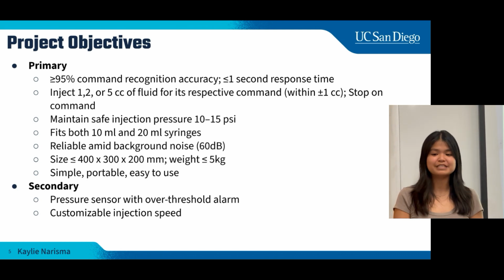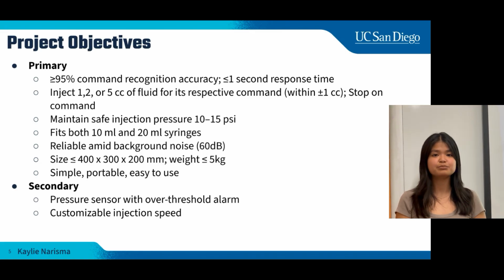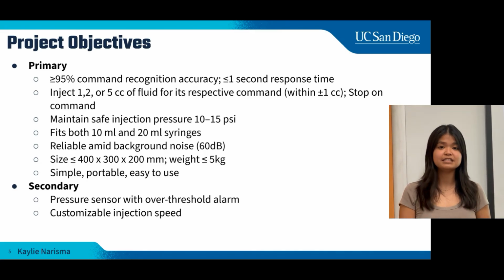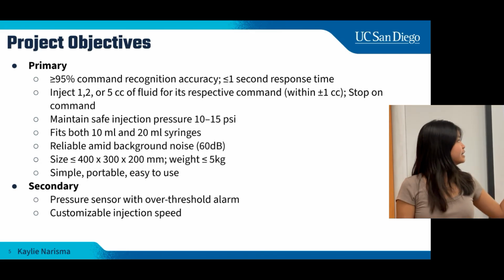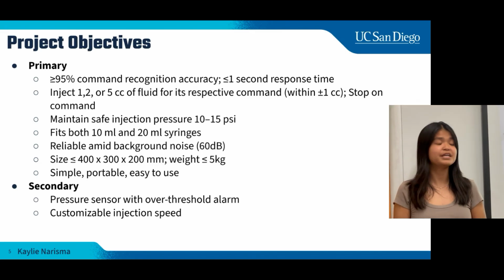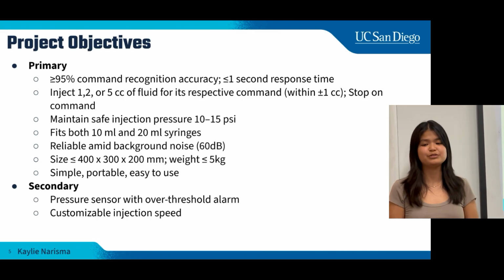And for our mechanical system, our device was tasked with maintaining a safe injection pressure from 10 psi to 15 psi, be able to accommodate both 10 cc and 20 cc syringe sizes, and fit within this specific volume with a weight less than 5 kilograms, making it simple, portable, and easy to use.